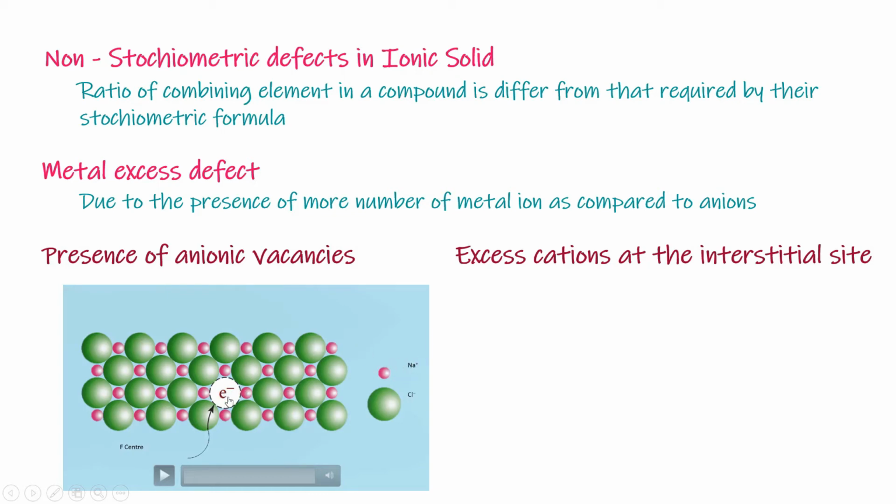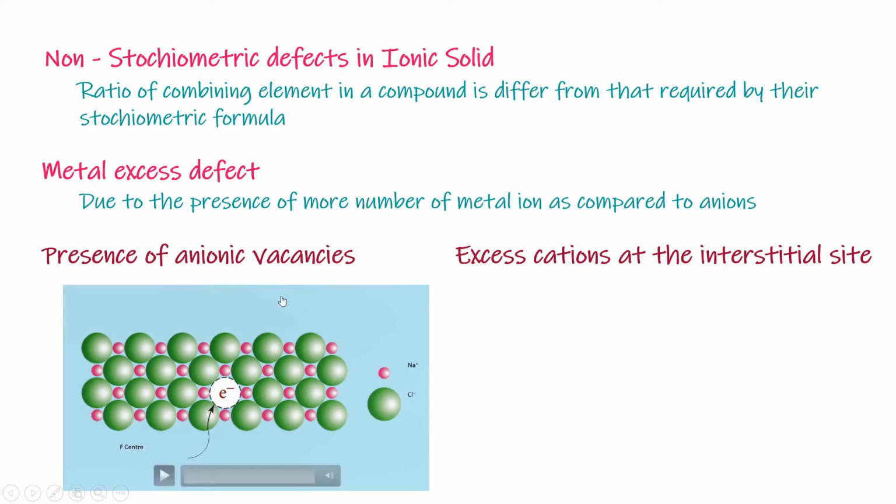At the same time, the chloride ion at the lattice point diffuses and combines with the sodium plus ion to become sodium chloride. So a vacancy is created in the lattice point. This vacancy is filled by the electron lost by sodium in the vapor state. Now the unpaired electron present in this vacancy is known as F center.